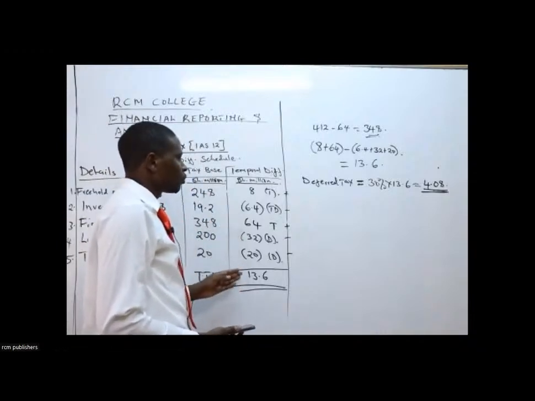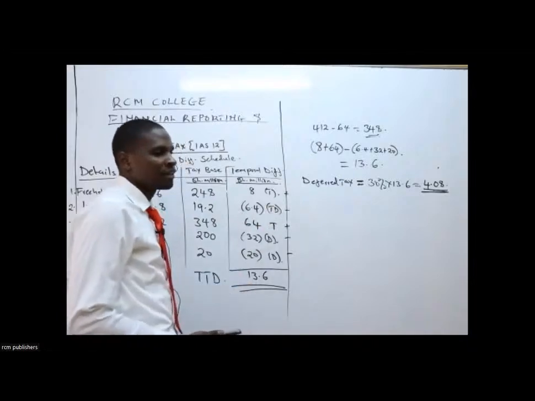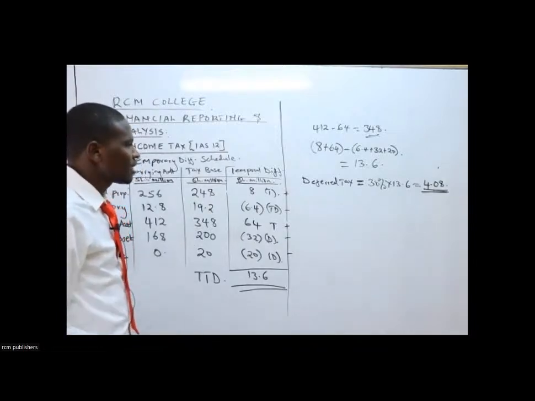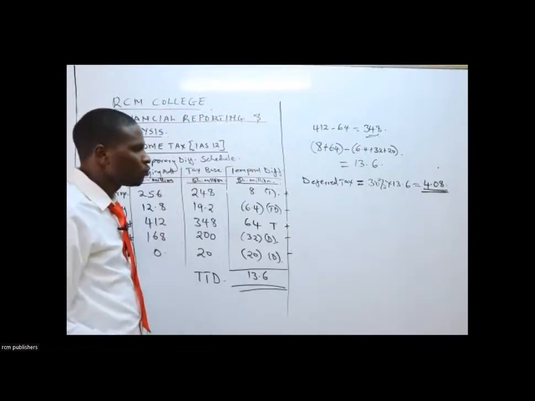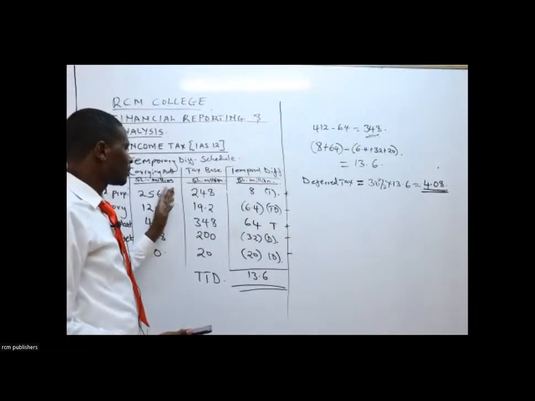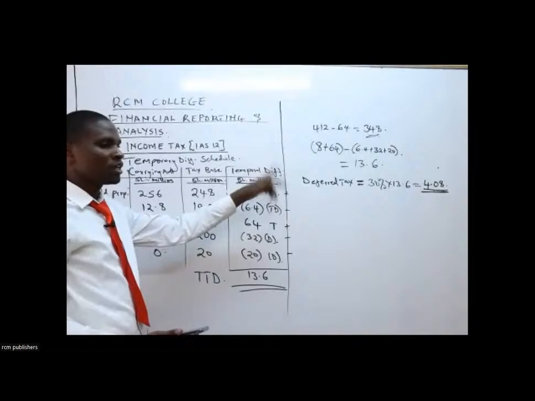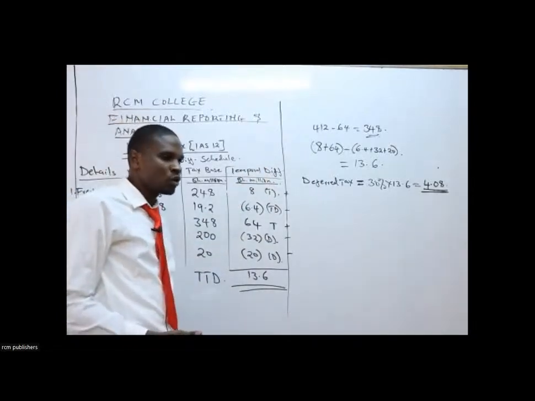After that, you multiply that with the tax rate, and then you'll be able to get the deferred tax. So class, this is just at a high level for you to be able to understand what happens if the asset carrying amount is higher than the tax base. That means it will be taxable by the taxman.